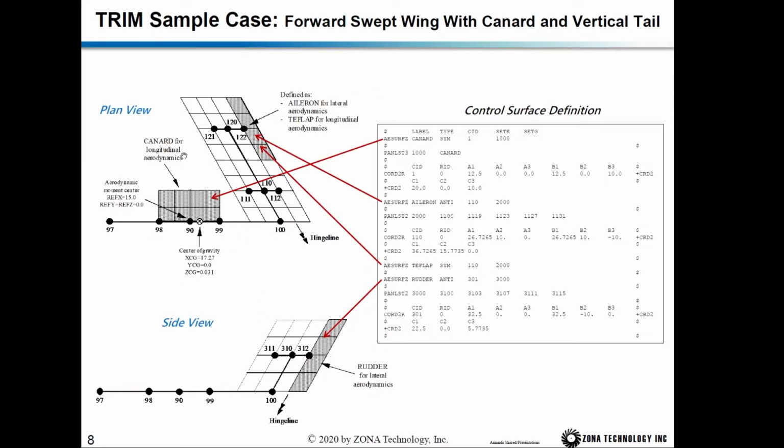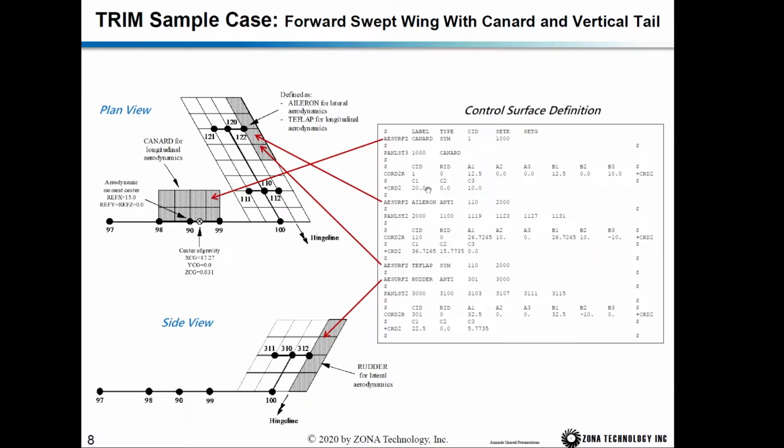The sample case is a forward swept wing with a canard and a vertical tail. First, we want to define the control surfaces. The first control surface is defined by the AESURFZ card; we give it a name, canard, and we say this is a symmetric control surface. The CID refers to a CORD2R card. This card defines the hinge line location, and because this is a positive integer, the y-axis of this card is the hinge line location of the canard.